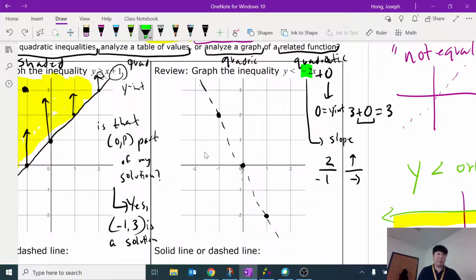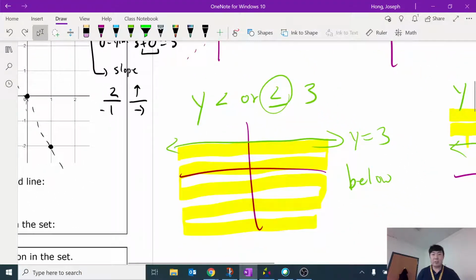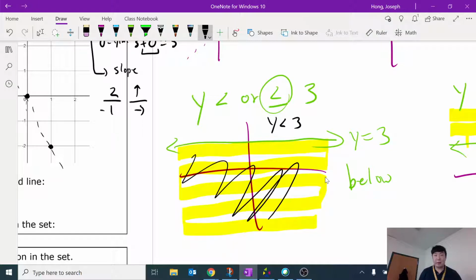Or left or right? I have to shade downwards because my inequality is facing away. And I've shown you this here. If my inequality is facing away from my y, for example, y is less than 3, I would say, okay, I need to shade below my graph.